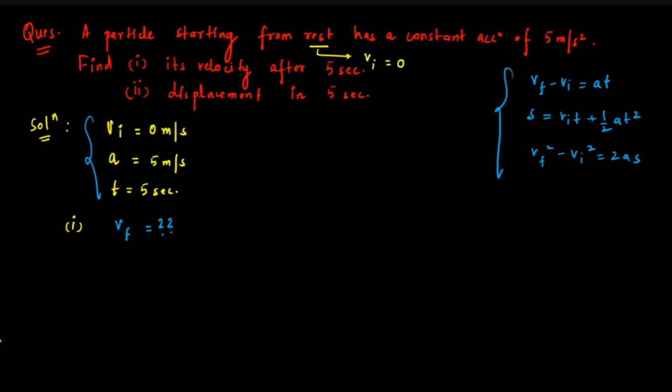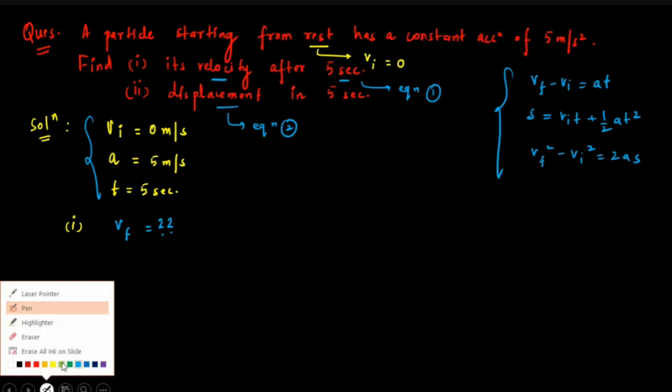We cannot use the second equation because the second equation doesn't have final velocity in it. You can use the first one. In order to find displacement, we can use equation 2. But in order to find velocity after 5 seconds, we will use equation 1 because it has everything in it.